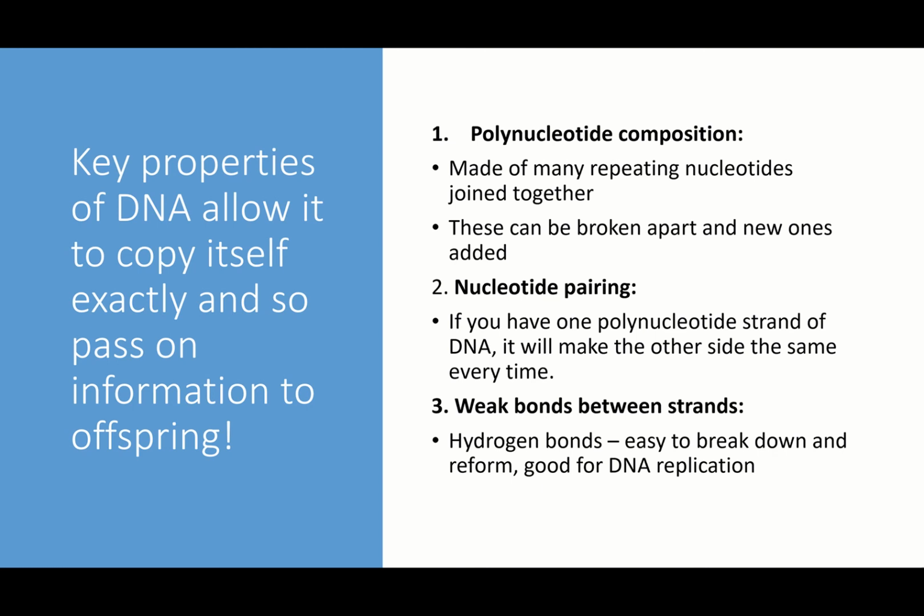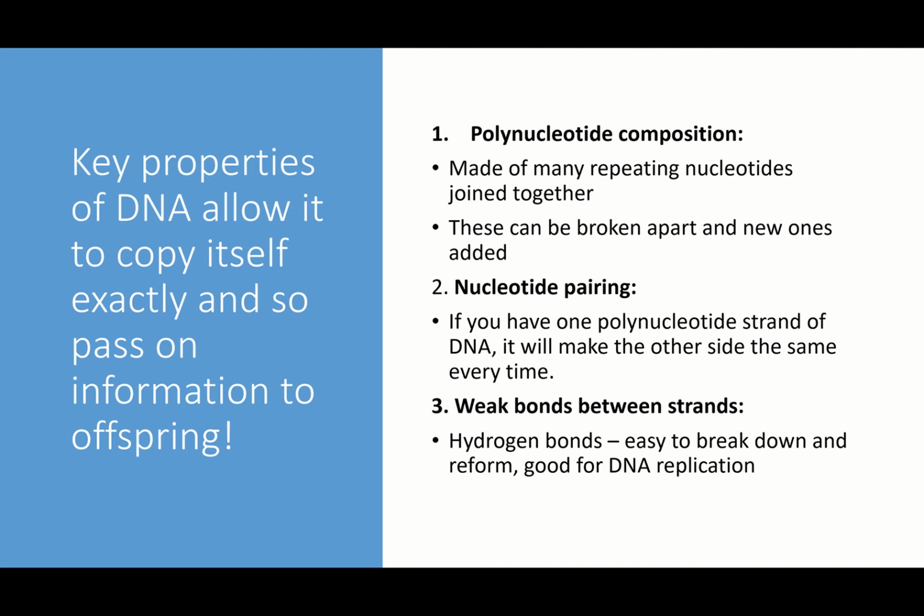Okay, key properties of DNA allow it to copy itself exactly, so it can pass on information to offspring. Yeah, I'm missing some words inside the sentence, but it doesn't matter now. I'm too late into the video, and I'll probably correct it later. No, I'll probably not.